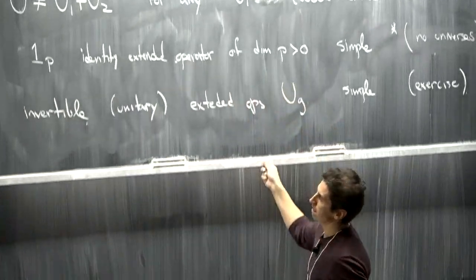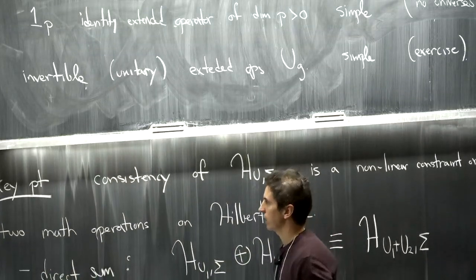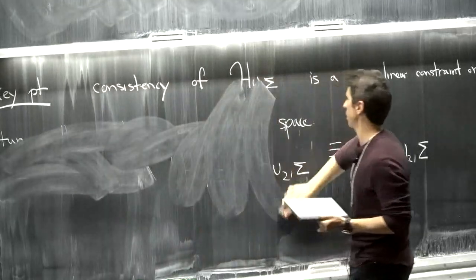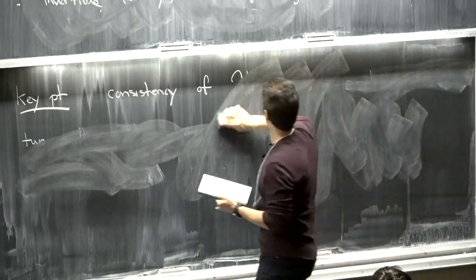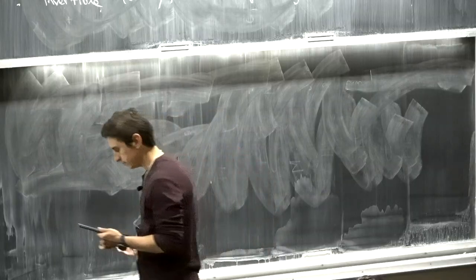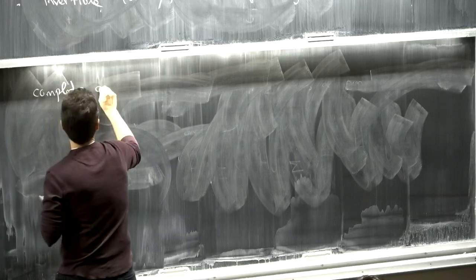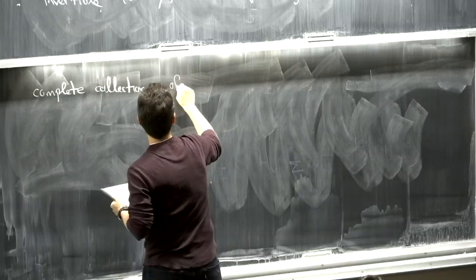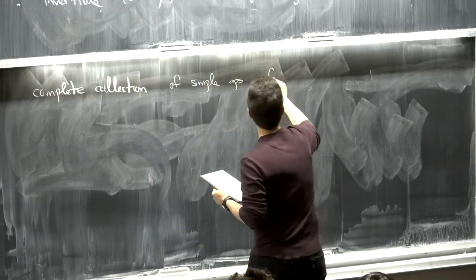Okay, so in general, the complete collection of simple operators of a given dimension forms something like a basis. Some algebraic structure that's similar to a basis. Okay? I'll call it a basis.